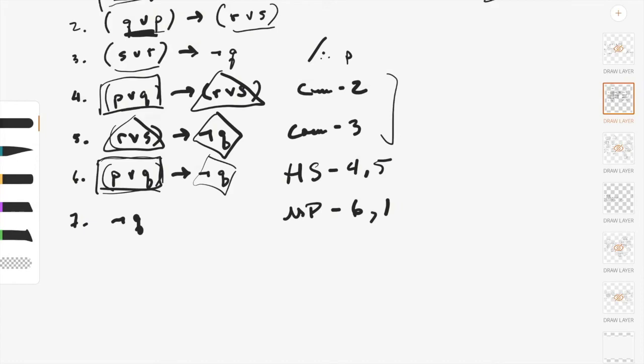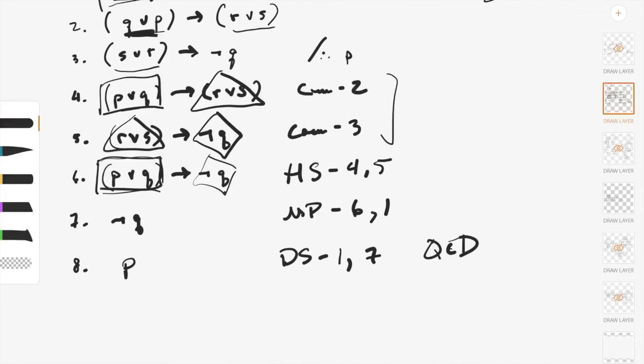This is that antecedent on a line by itself. That's the second premise, and so we're entitled to conclude not Q. And then in line 8, we're able to derive P, and once again we're deriving P by disjunctive syllogism on lines 1 and 7, and the proof concludes.